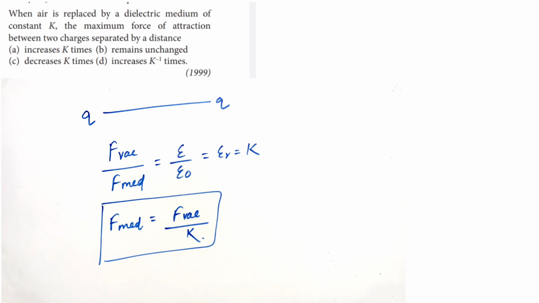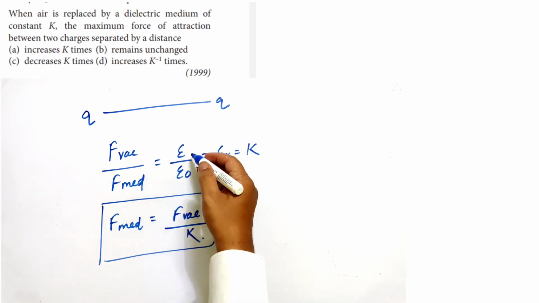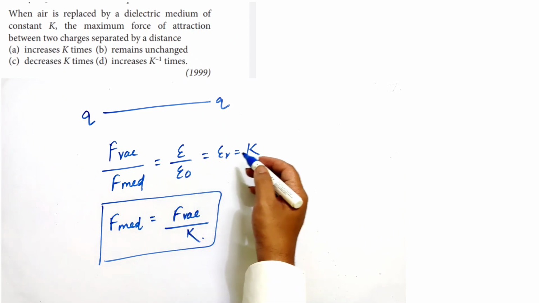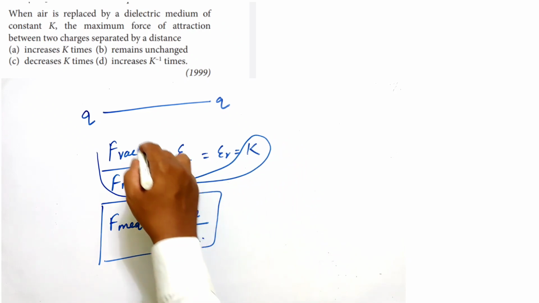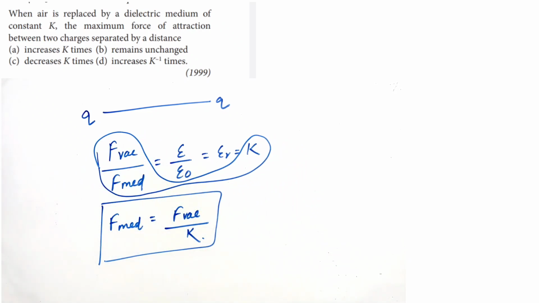We have just now discussed the formula, that is F vacuum by F medium equals epsilon by epsilon naught equals epsilon r equals K. So you can directly relate K with F vacuum by F medium, and from this relation you can show that F medium equals F vacuum by K. So in the given medium, the force is going to become 1 by K times, or it is going to decrease by K times. So according to the given options, option C will be correct.